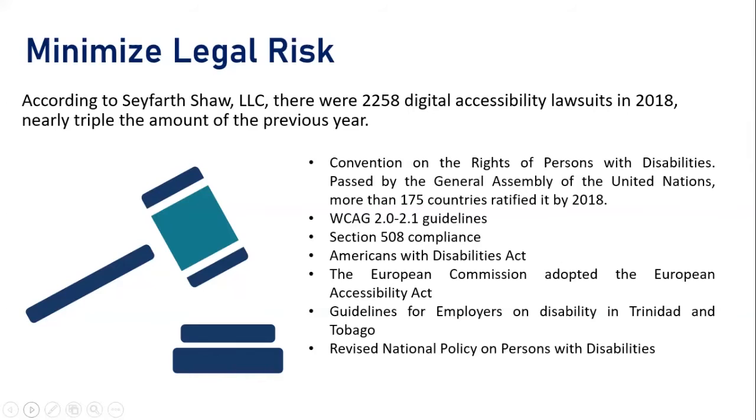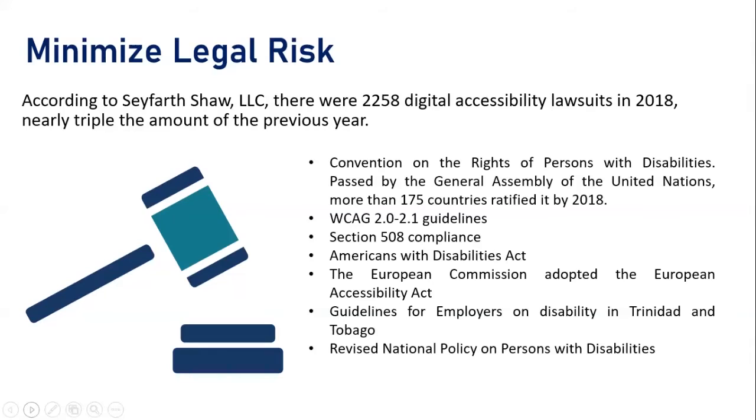That's a little bit more broad and all-encompassing, but essentially, in terms of digital accessibility, it talks about making workplace accommodations, and ensuring that websites and other things are accessible. Then in terms of Europe, there's the European Commission, which adopted the European Accessibility Act.